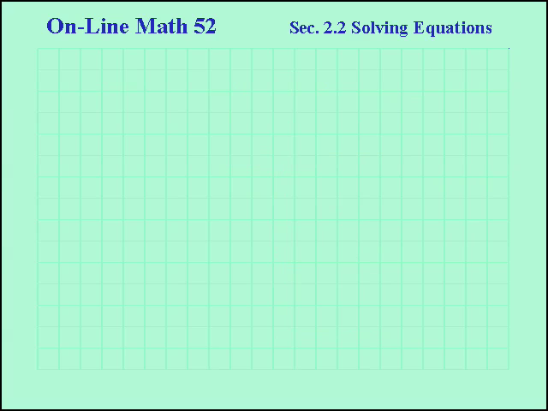This is, again, page 2.2-8, example 4B. And let me take a moment to read it and to write it down. 3w over 2, or 3w divided by 2 if you want to say it that way, plus 1 equals w plus 9/2.